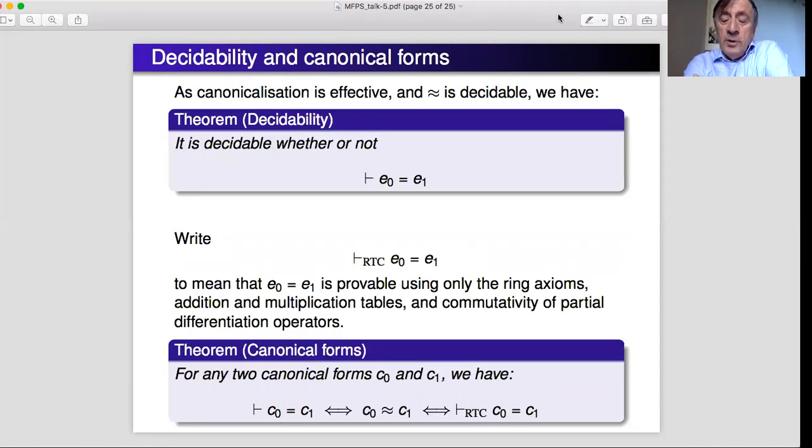In fact, you can improve that a little bit because you can go a little bit more normal. We can put the partial differentiations in a standard order, and we can multiply out the polynomials to get sums of distinct monomials. And then with that resulting stronger version of canonical form, for provability you only need addition axioms, namely commutativity and associativity.